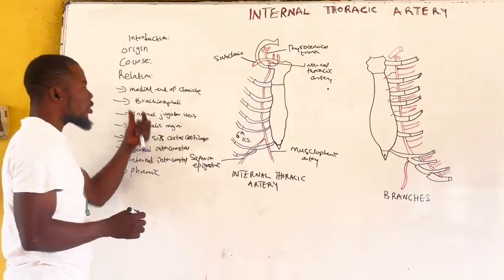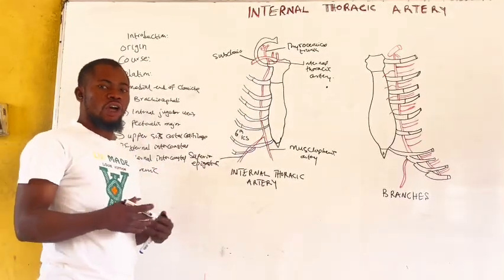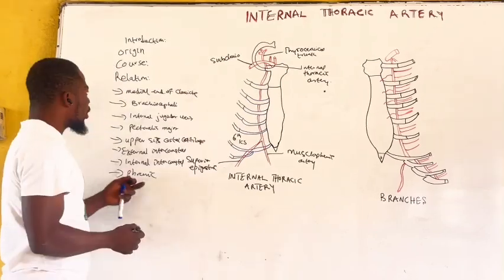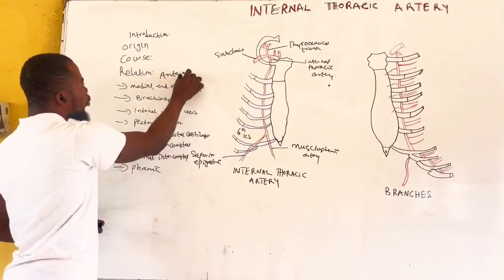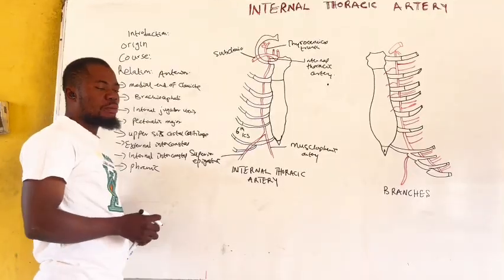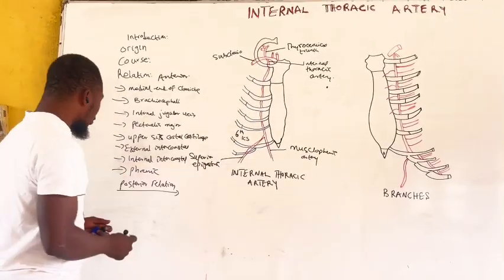It runs behind all these structures, but runs in front of one structure called the cervical pleura. So these are the anterior relations of the internal thoracic artery.